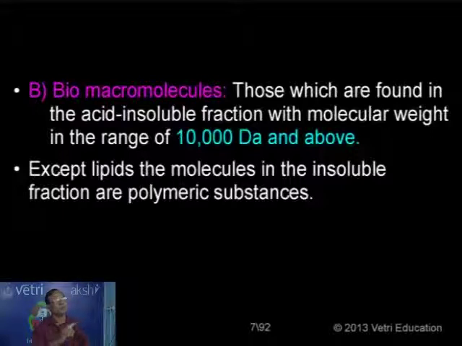A number of monomers are joined together to form them, excepting the lipid. The number of monomers in a lipid molecule is less. The number of monomers in proteins, nucleic acids, or carbohydrates, the polysaccharides, is much more. That's why lipid is not considered a polymeric substance, and all others, the carbohydrates, proteins, and nucleic acids, are considered polymeric substances because they're all polymers.